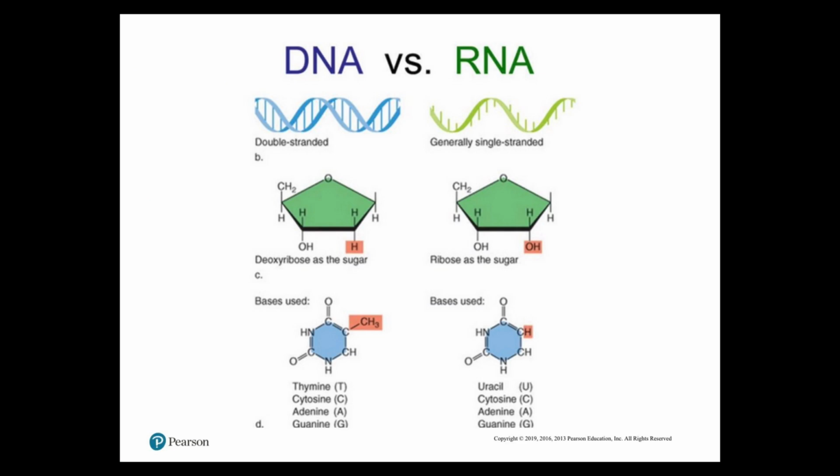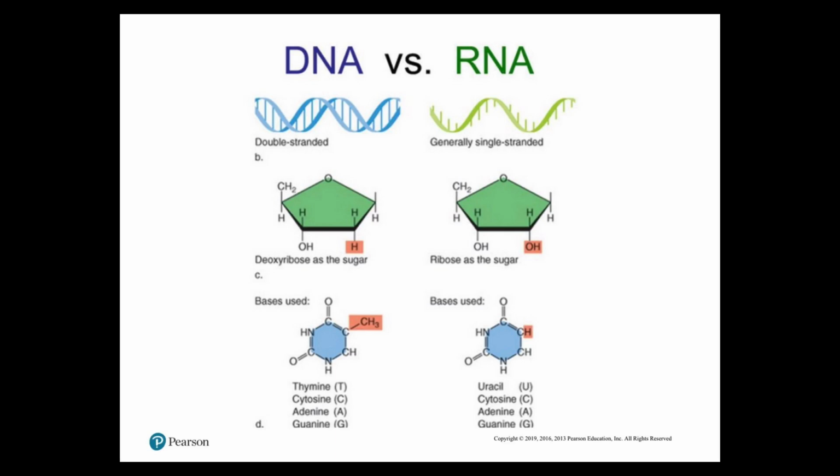So let's review the differences between DNA and RNA. Whereas DNA is double-stranded, RNA is generally single-stranded. And what holds those bases together in the DNA molecule? The complementary base pairing is due to hydrogen bonding between the bases.